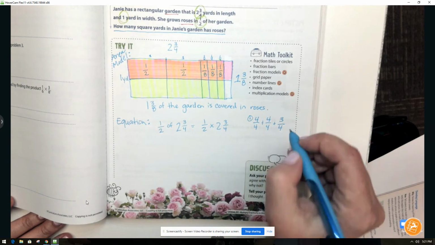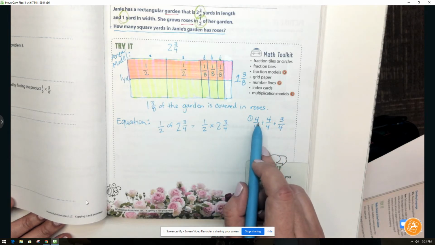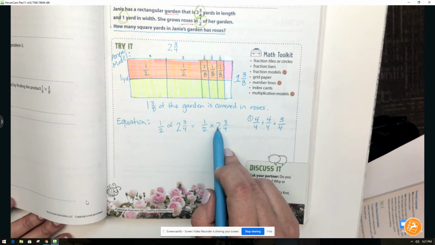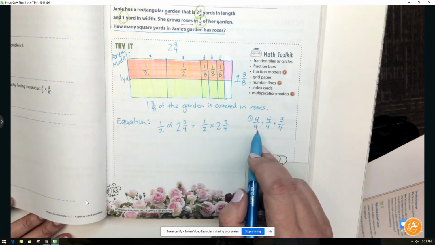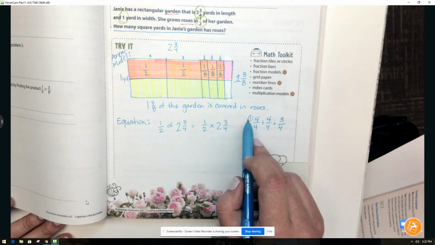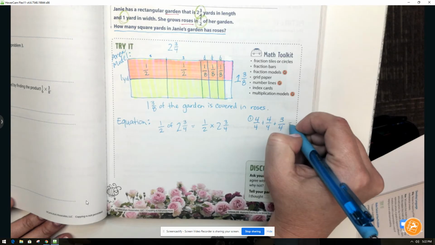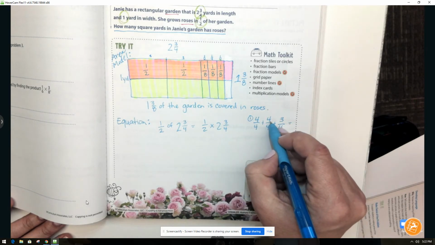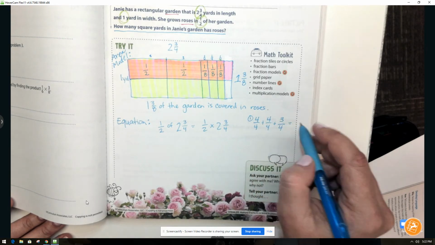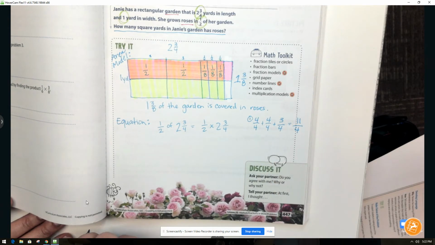So to change this 2 3/4, we break it up into a weird expanded form: 1 whole plus 1 whole plus 3/4. Then we can add all of our numerators, which gives us 4 plus 4 is 8, 8 plus 3 is 11.